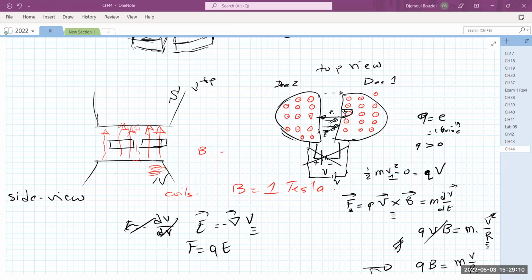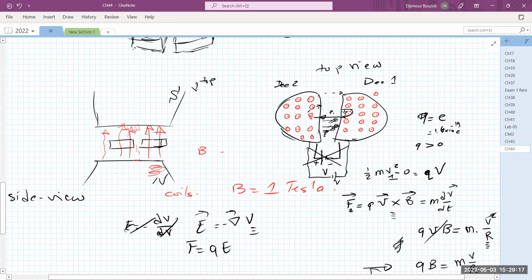The point in here is that it's going to emerge with a little higher radius than the first one, and the radius you can find from this expression, and it's going to emerge in the opposite direction.